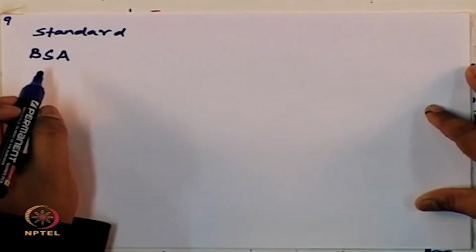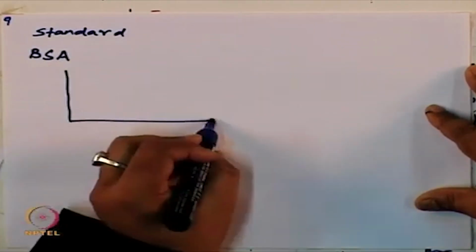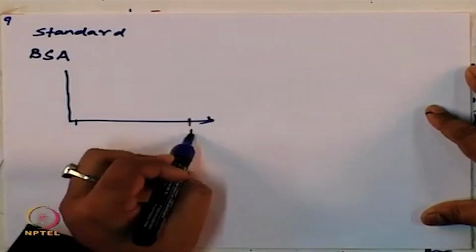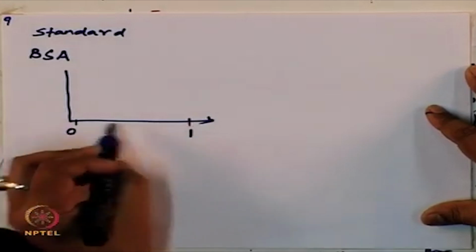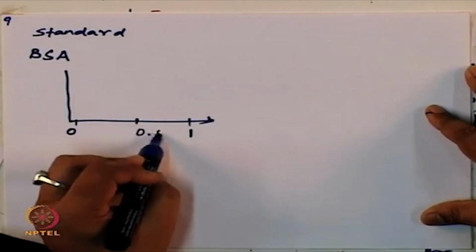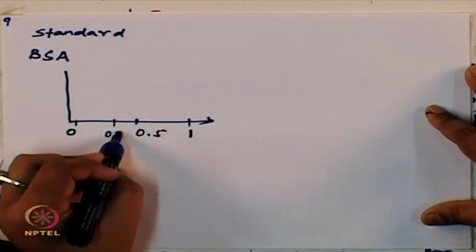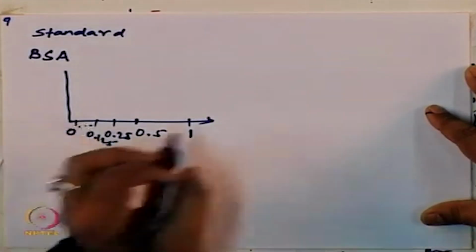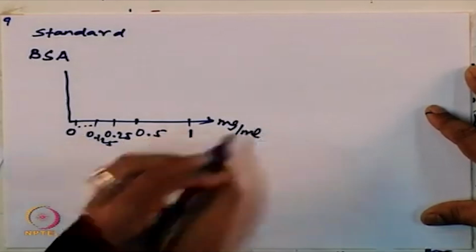and typically people use BSA or bovine serum albumin. What you do is you prepare stocks of various concentrations, let us say 0.5, and so on and so forth. Okay.